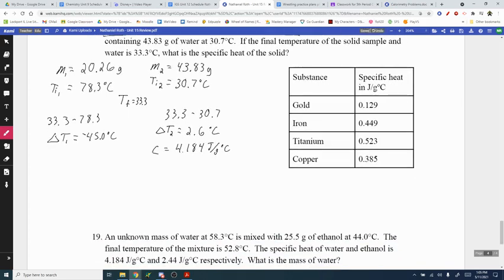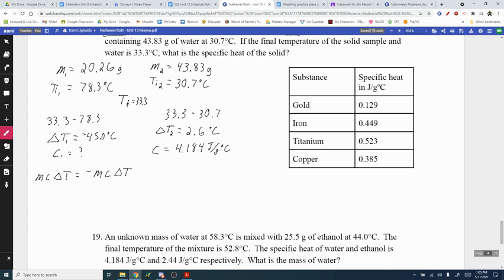All right, so now our equation, mc delta T equals negative mc delta T, because the energy of the system is equal to the energy of the surroundings, but a negative of it.